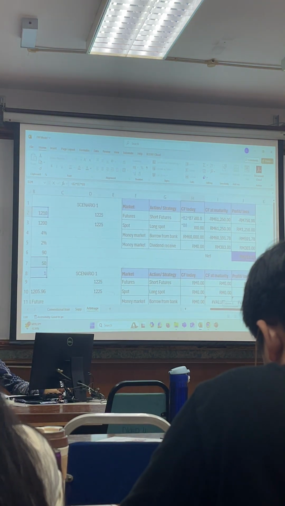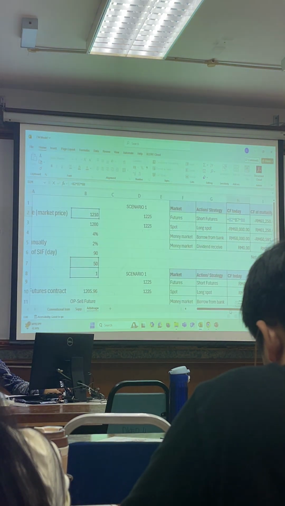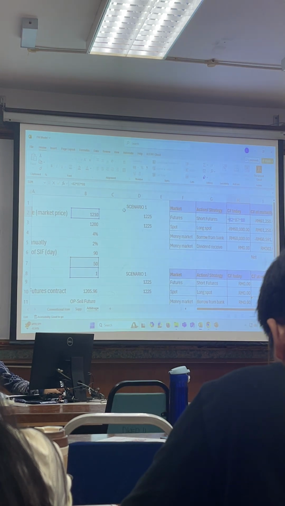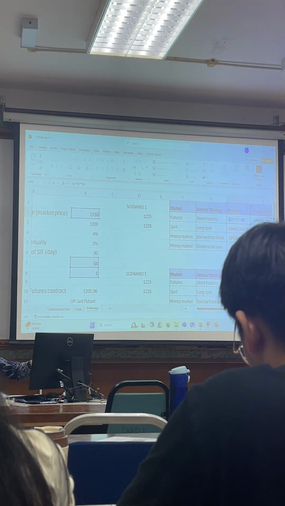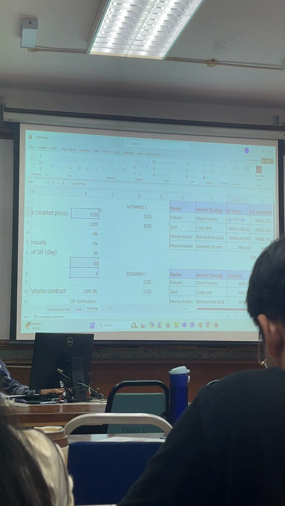Either you change it here, or at the beginning you freeze this number. What does that mean? Whatever you copy later, you still copy with the similar figure here.